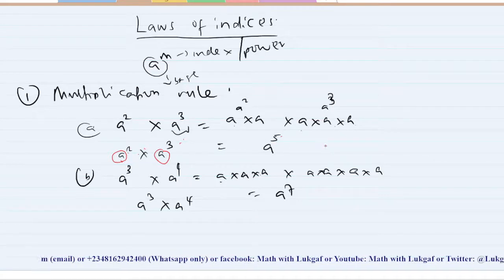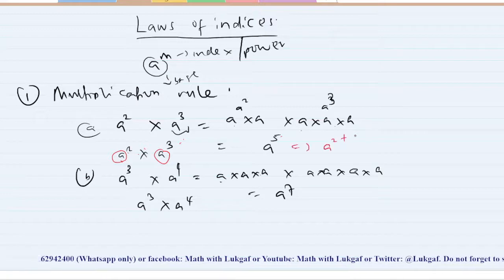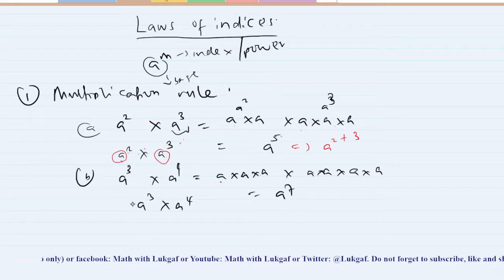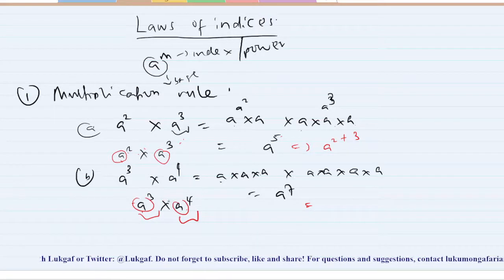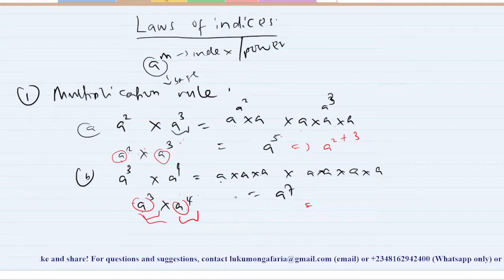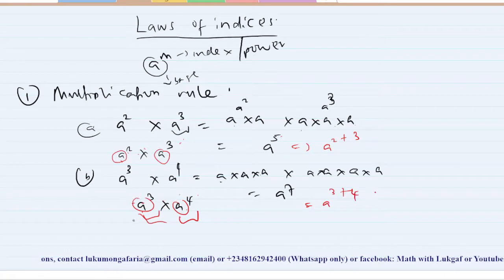It is the same thing as having a raised power 2 plus 3. Likewise, we check these two together. They both have the same base as well, but different index. But when I multiply them together, it's as if I'm adding the index together, which is also the same thing as a raised power 3 plus 4. In general, you don't need to stress yourself.